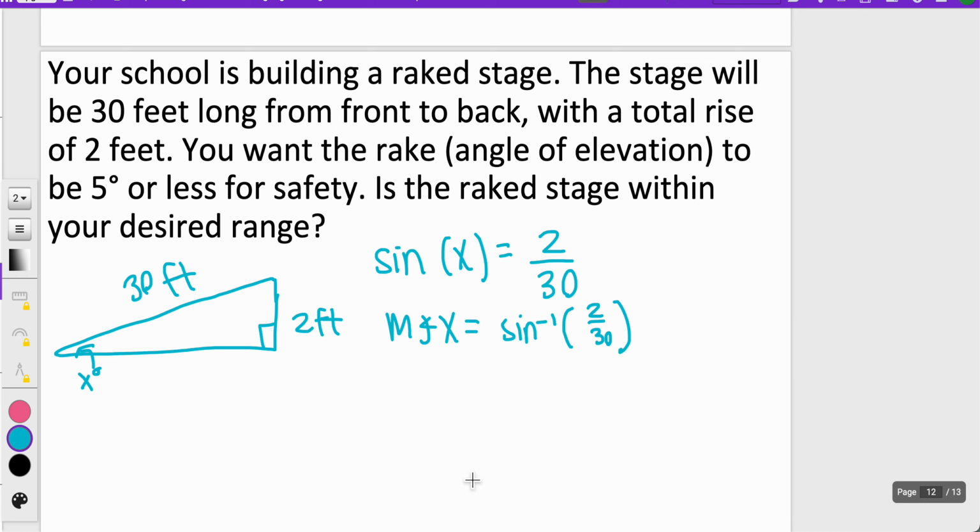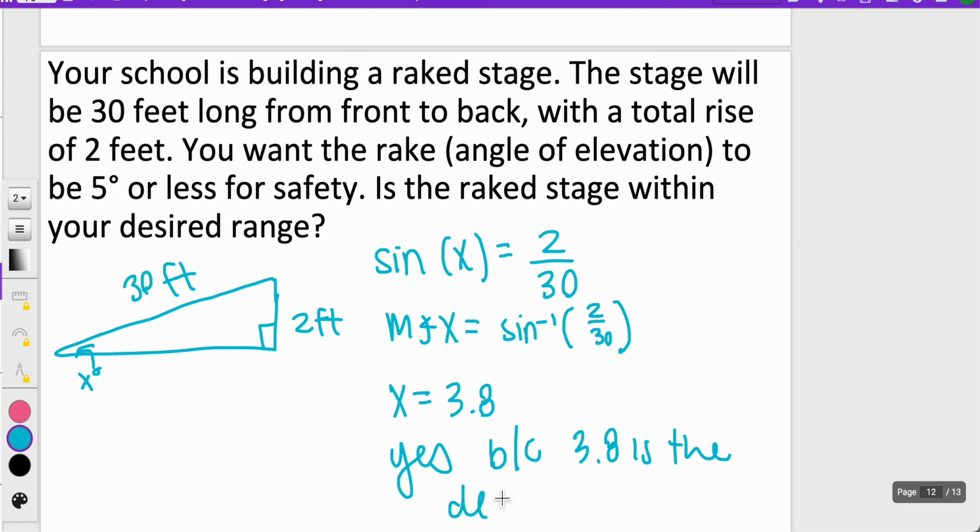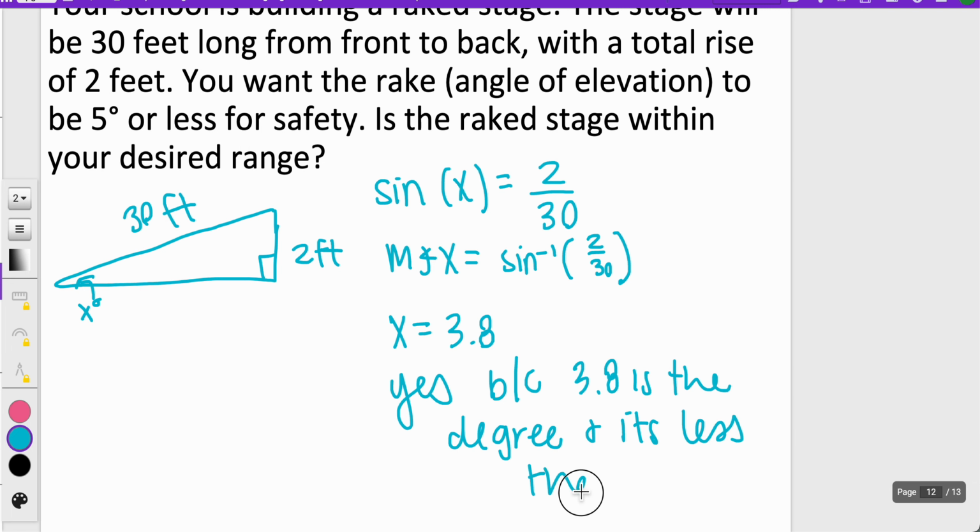So 2 divided by 30 is 0.06 repeating, and then the inverse sine of that is going to be about 3.8. So yes, because 3.8 is the degrees, and it's less than 5 degrees.